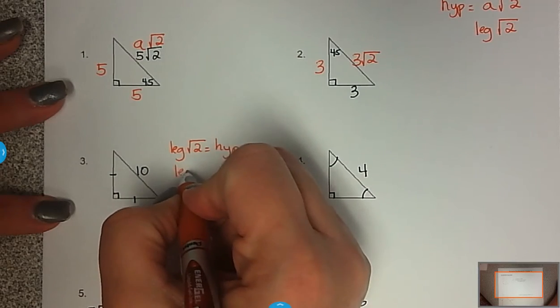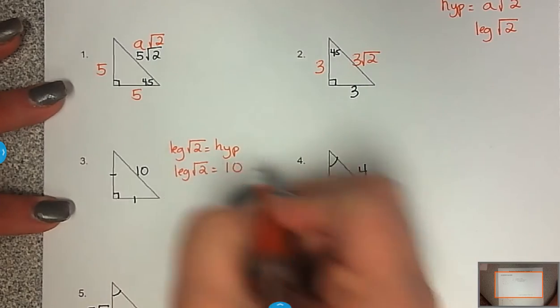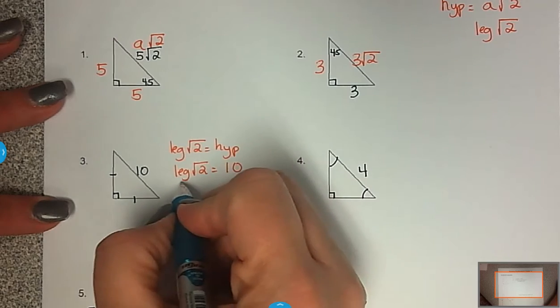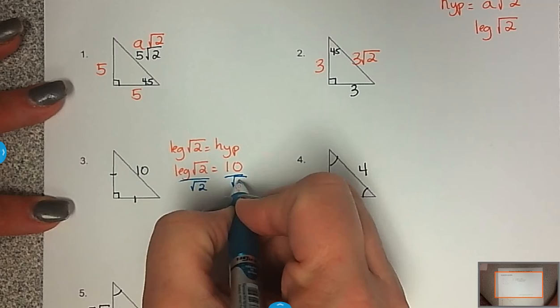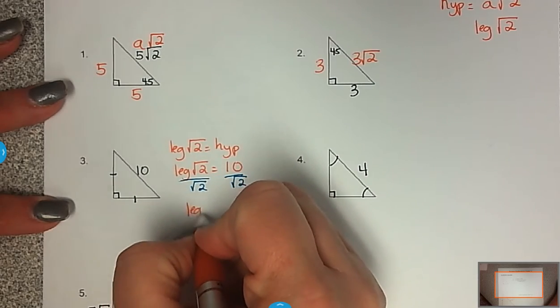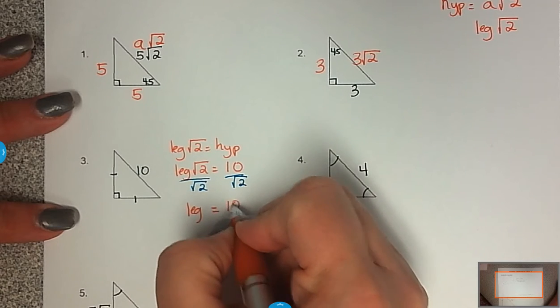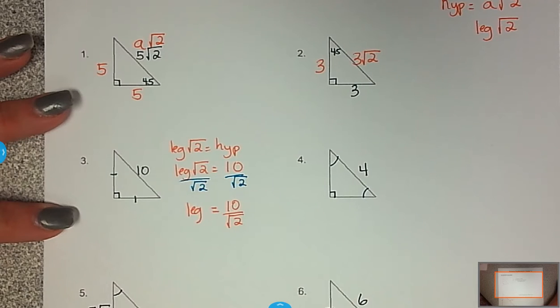So I don't know what the leg is, so I'm going to leave it there, but I know the hypotenuse is 10. I can solve this equation for the leg. All I'm going to do is divide both sides by the square root of 2. So at this point, I have the leg equals 10 divided by the square root of 2.